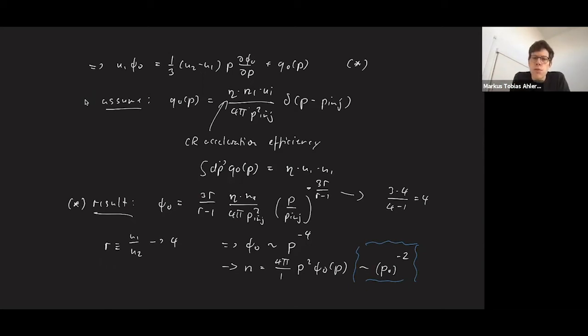You can also look for injection of particles which are not monoenergetic, and so on. So all these extra additions to our model will give us modifications to this final result, and this can also lead to modifications of the spectral index that we would expect from diffusive shock acceleration.